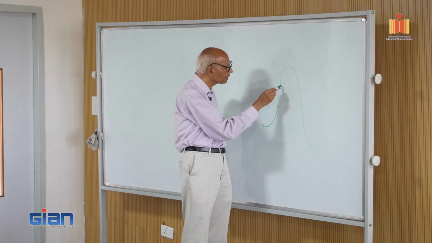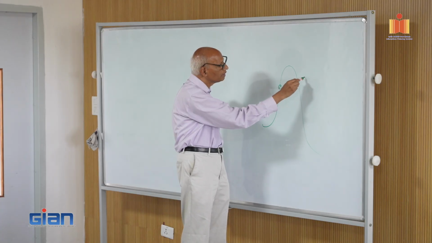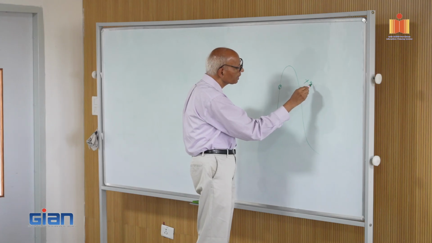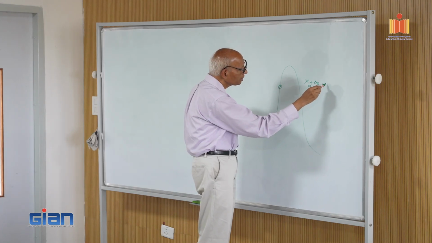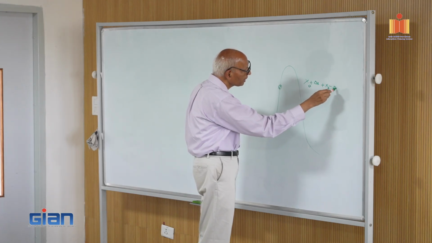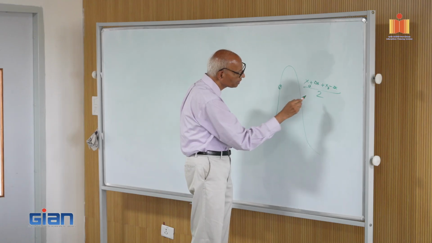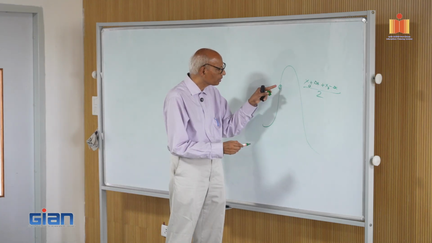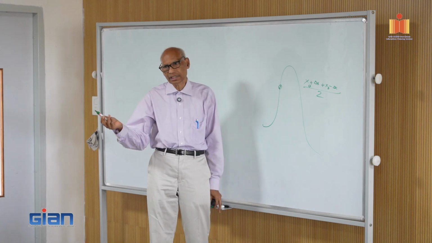So if this is x0, in this region another point is x0 plus delta x, and x0 minus delta x, divided by 2. You take the average of this. One point is increasing by delta x, the other point is decreasing by delta x.